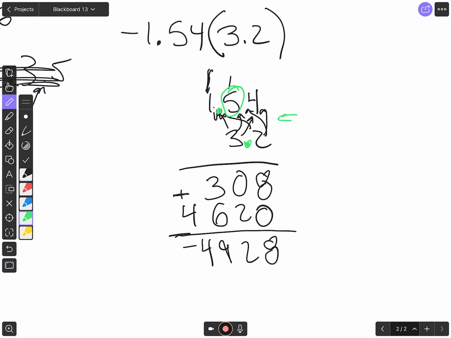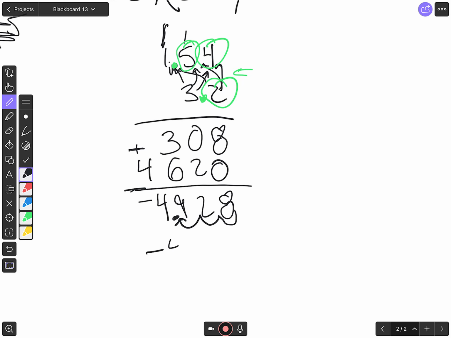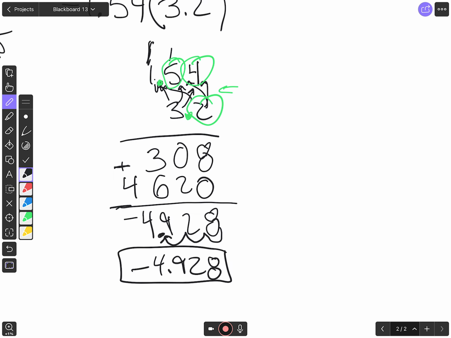I've got 1, 2, 3 digits total that are to the right of a decimal point. And that's how many I go back over. 1, 2, 3. And so then if I clean this up, it's negative 4.928.